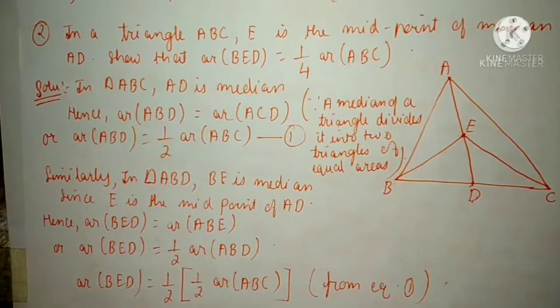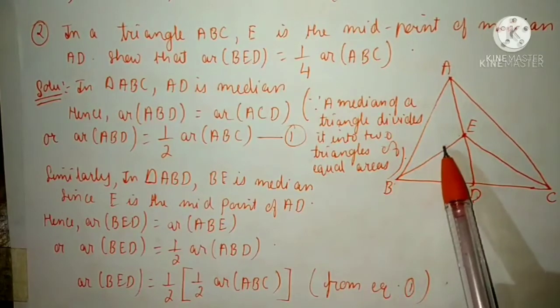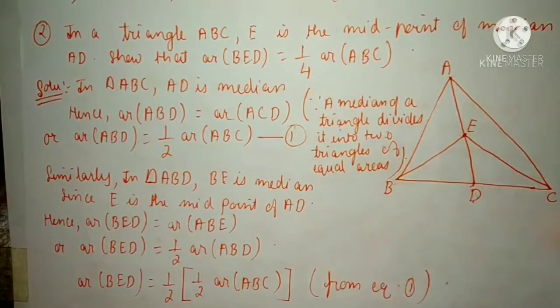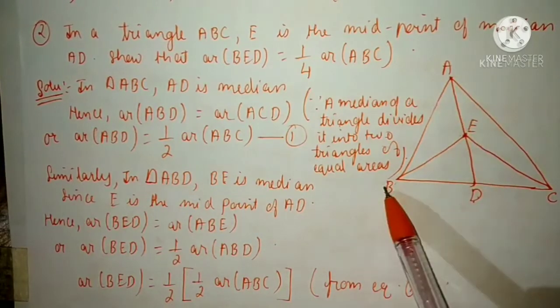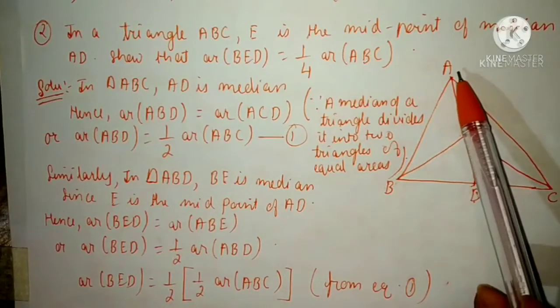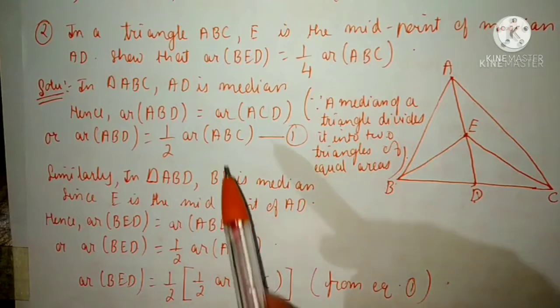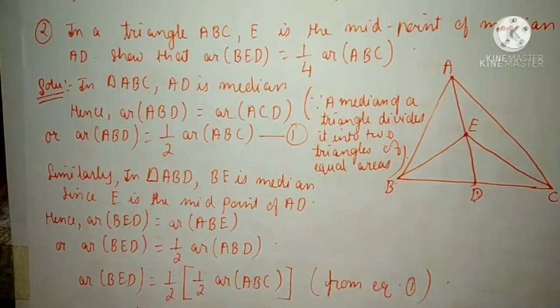Now we also know that if these two areas are equal, then one of them will be equal to half of the full triangle. So area of ABD is equal to half of full triangle ABC. Name this as equation number 1.